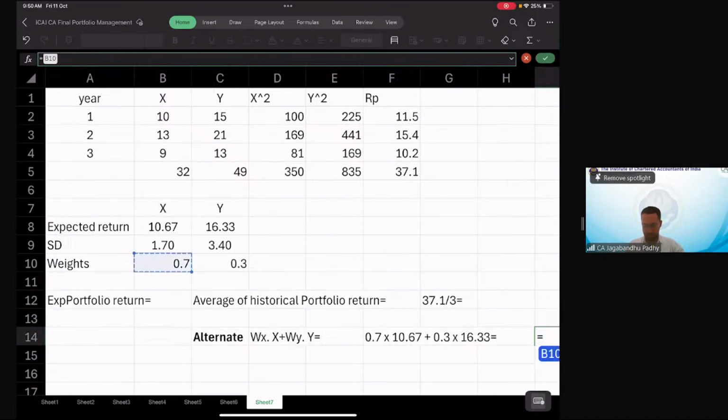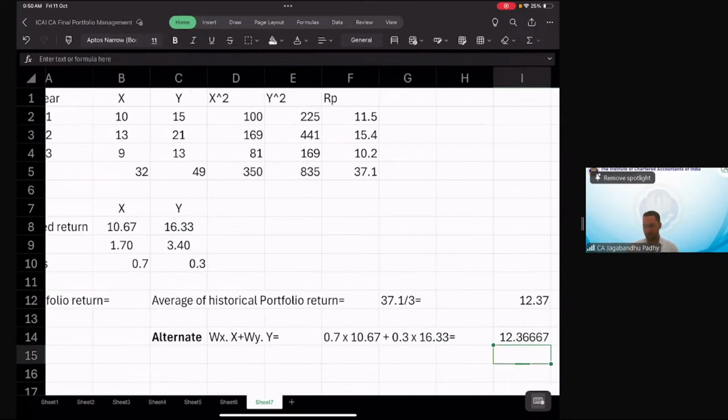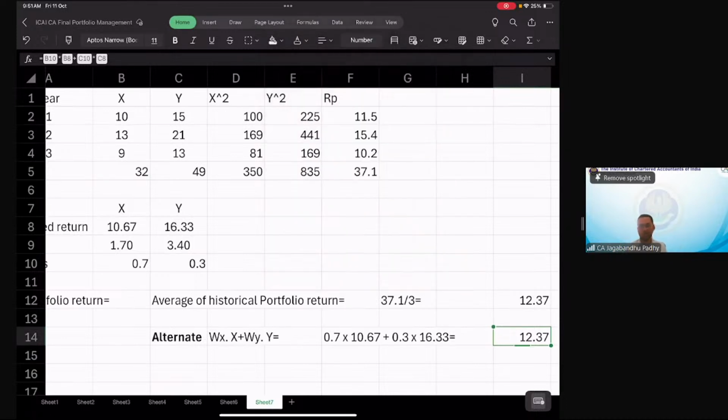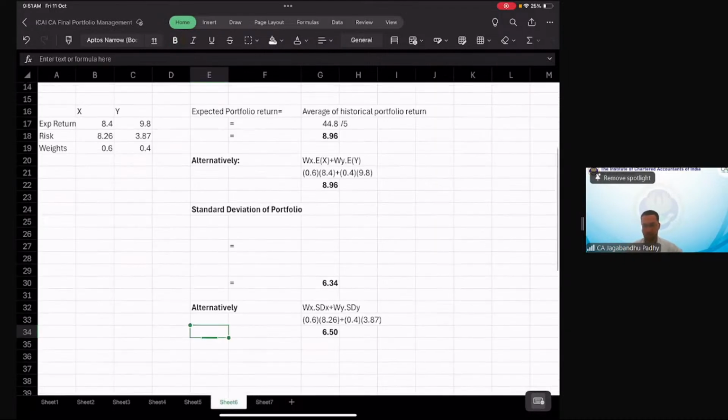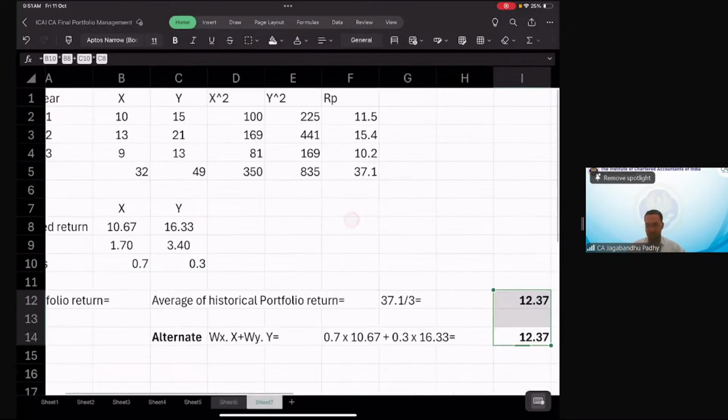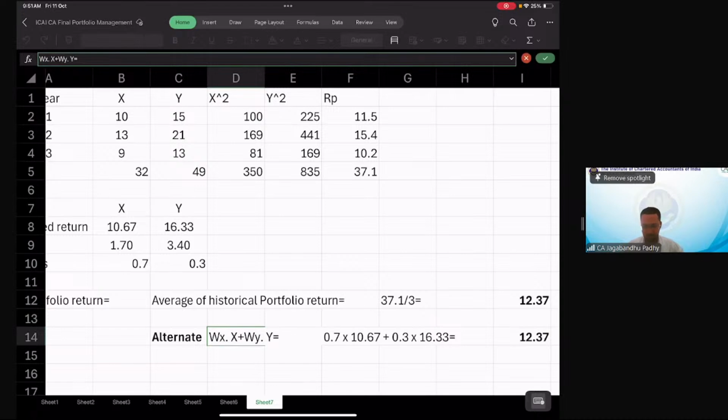Like 0.7 into the return plus 0.3 into the expected return. Yes, it is working even arithmetically. So I can say expected return method is very clear, sir. We can actually work around with this formula also, which is weight of x into expected return of x and weight of y into expected return of y. That formula is essentially working for us.